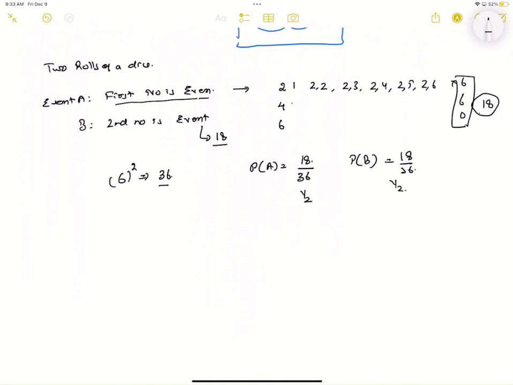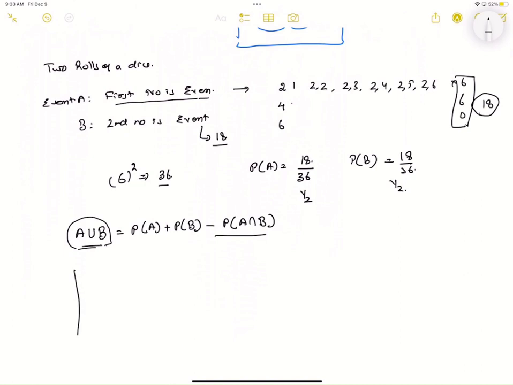Now we want A union B, which will be probability of A plus probability of B minus probability of A intersection B. Why do we have to subtract this when we are doing a union?